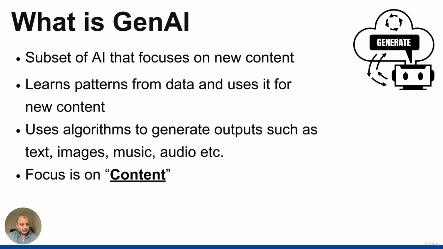Unlike traditional AI models that were trained to recognize and classify existing data, generative AI changed the game, because it's capable of producing new content. Usually these models are trained on deep learning algorithms, and they learn from the data and understand the statistical relationship between the text, between the images, and once trained, they can generate new content, right? So this is where the focus is.